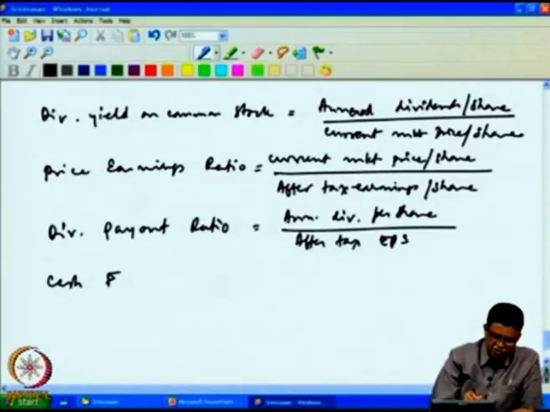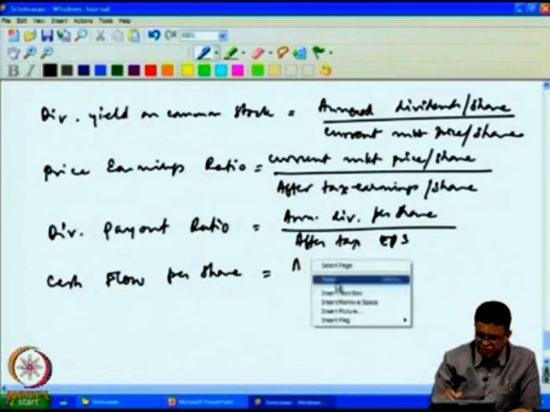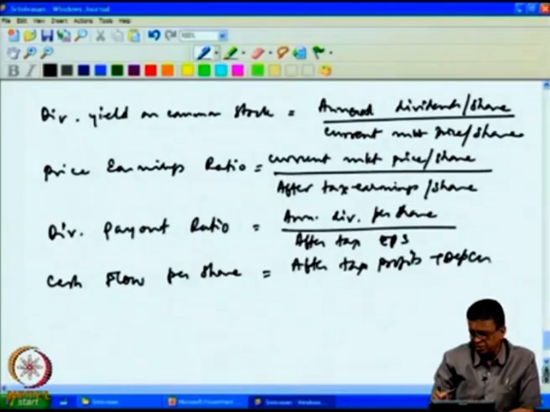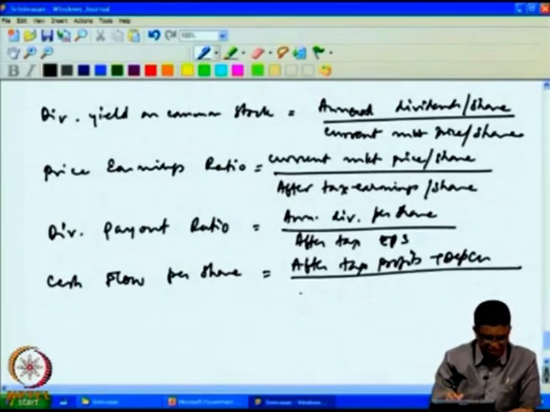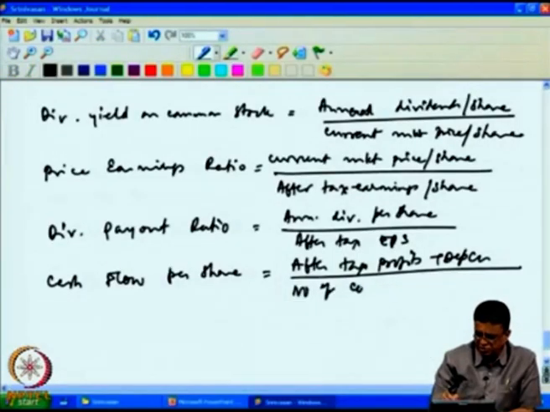Then the other one which one might be interested in is what is called the cash flow per share. How do we calculate this? The cash flow per share is calculated by after tax profits plus depreciation divided by the number of common shares outstanding.